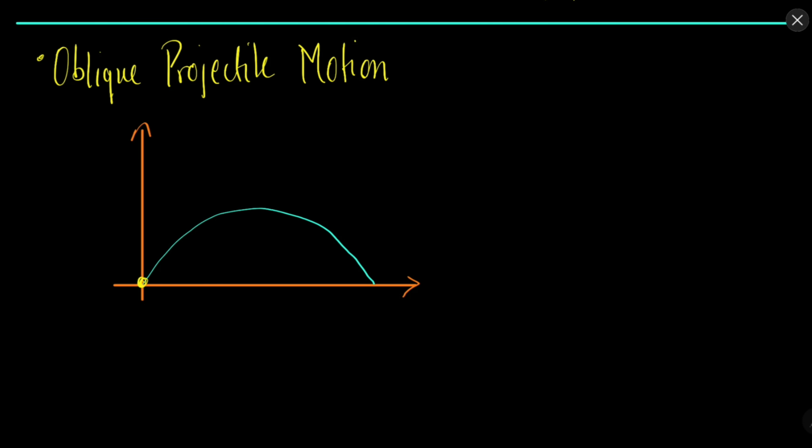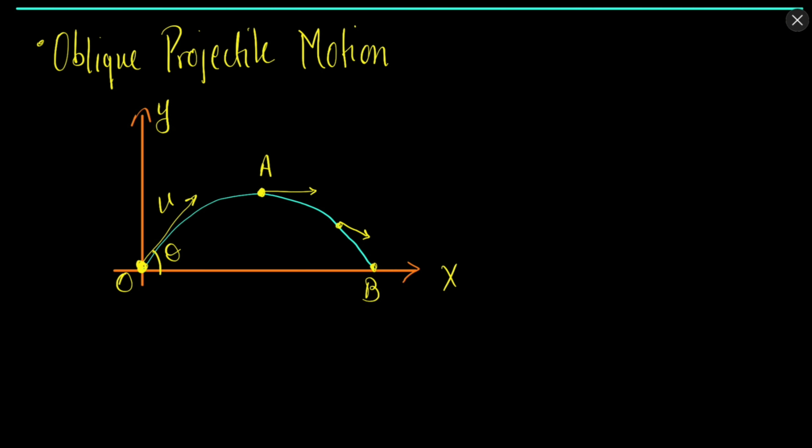The object was projected from here, it moved like this, the initial velocity was in this direction, u, the angle is theta, this is the x-axis, this is the y-axis. Point A is the topmost point, at which the velocity is like this. At any other point the velocity is along the tangent at that particular location. This is the origin.